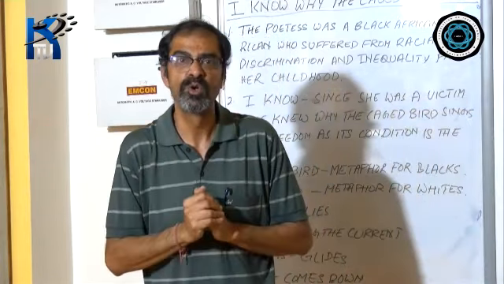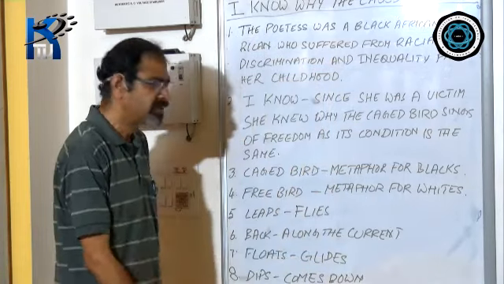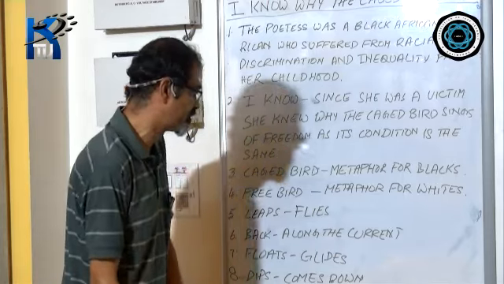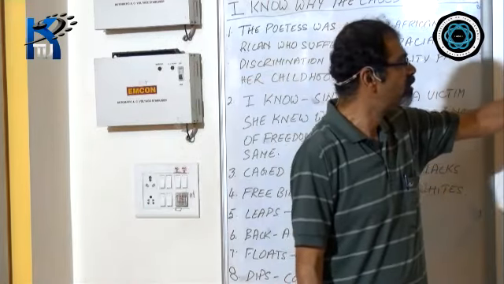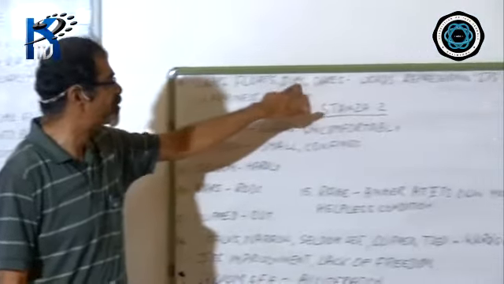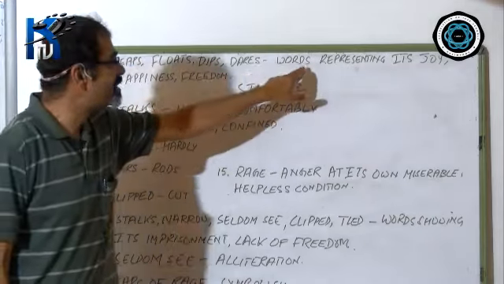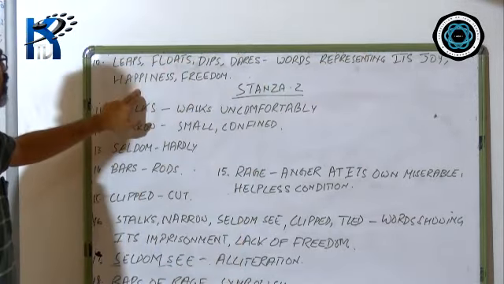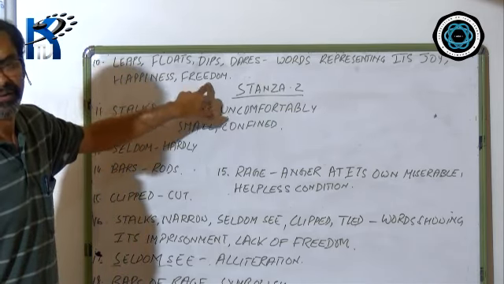What do you notice in this description? You will notice that the poet specifically uses certain words. See? Leaps, floats, dips, dares. These words represent the joy of the free bird, the happiness of the free bird, the freedom of the bird.